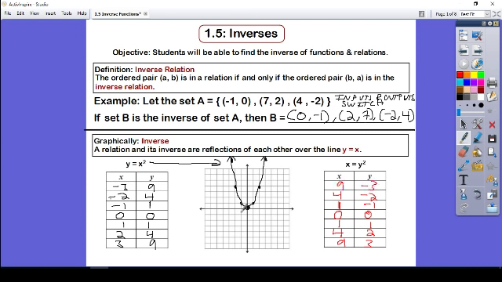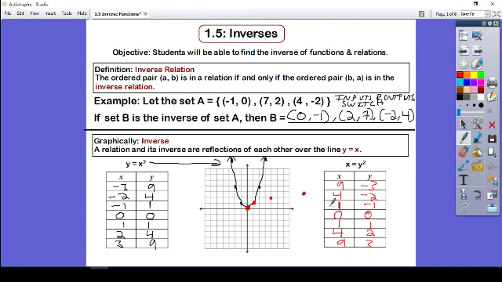So let's plot the points. (0, 0), the same. Then (1, 1) is the same. But (4, 2), and then (9, 3), so off the screen.